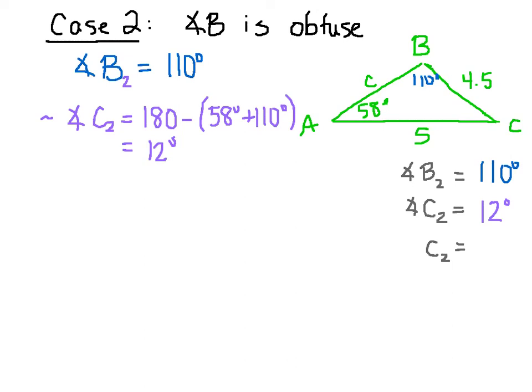Now, to find side C, you take C over the sine of 12 degrees, and we're going to set that equal to A over sine of A, so we're going to say 4.5 over the sine of A, which is 58.